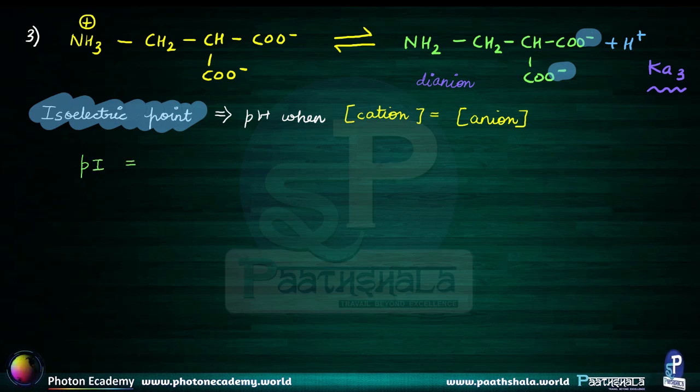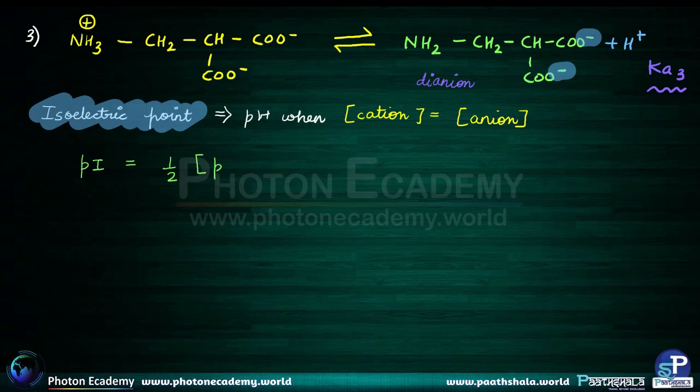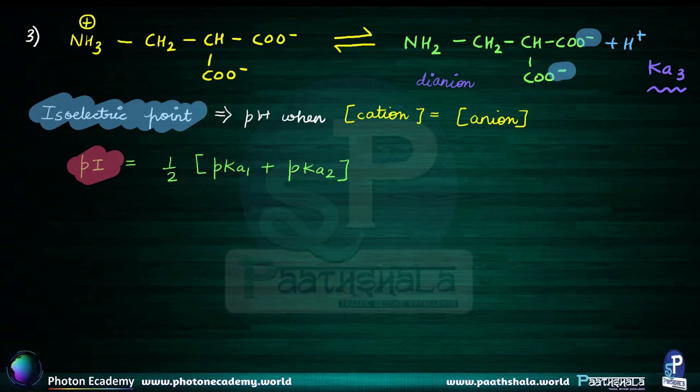It will be equal to half of the contribution from pKa1 as well as pKa2. This is the isoelectric point, which is getting contribution from the cation and the anion, and the dianion does not concern this particular Pi.